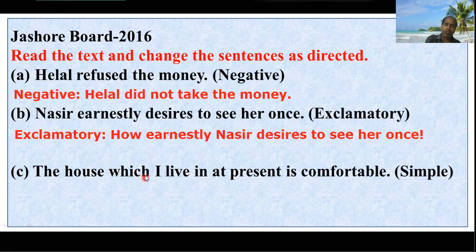If you find this conjunction, it is of complex. So this sentence is a complex sentence. Besides, in this sentence there are two verbs and two subjects. This is one verb, this is another verb. So this sentence is complex.